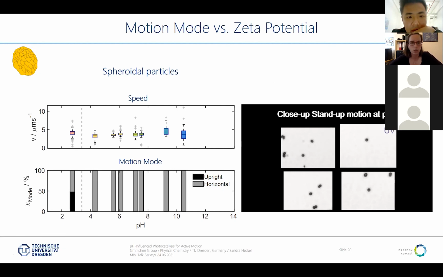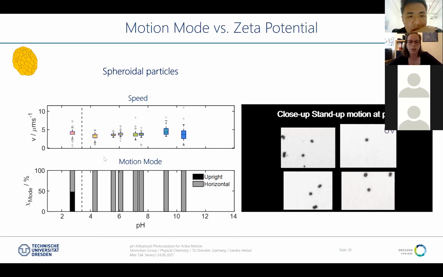Yes. So I don't have this data here, but we did this kind of study. I think we only did this for the stacked particles, not the spheroidal ones. We took fairly acidic samples, some in the intermediate regime and some alkaline ones.